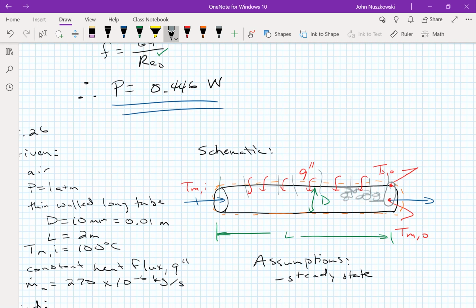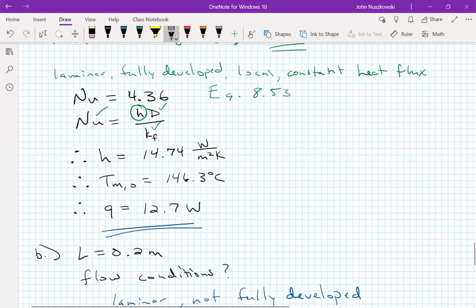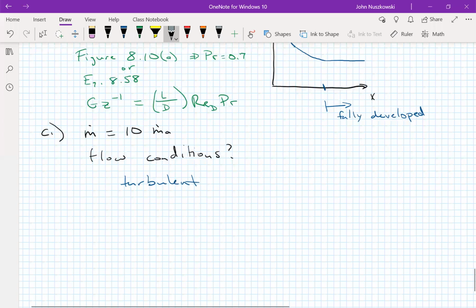Where laminar flow is this nice streamline, so it's not moving that energy from the middle to the edge as well. So our convection coefficient goes up.